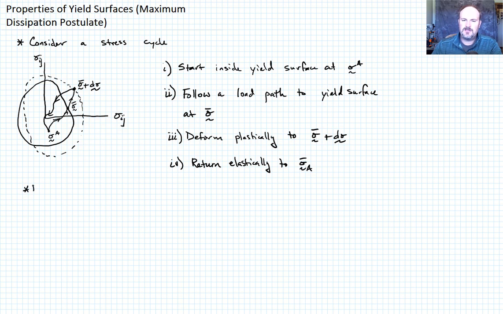Now we want to define a couple of terms. The first term we'll call epsilon P, and I'll put an A on it. So epsilon PA, just to remind you that this is the plastic strain that accumulated prior to beginning the stress cycle at sigma A. So this is equal to the plastic strain that was produced prior to the cycle.